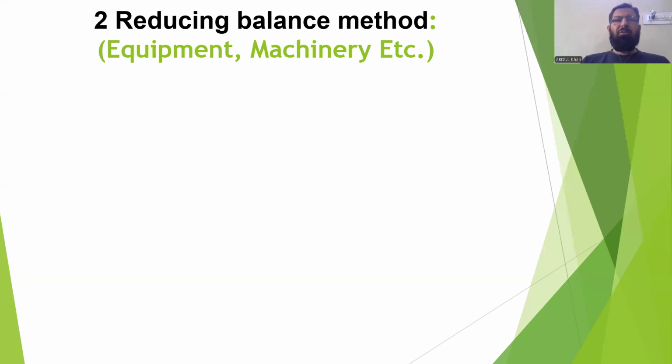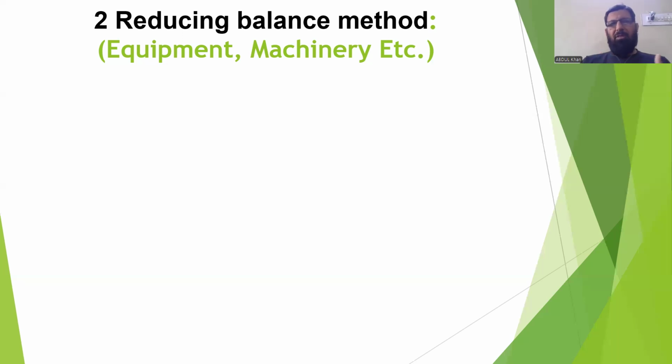What kind of asset do we use the reducing balance method for? The asset which reduces its output or its efficiency gradually. If its efficiency is gradually decreasing, then you use the reducing balance method. Why? Because at the early stage of the life of the asset, you get maximum benefit, so you can charge maximum depreciation in the early years of the fixed asset.